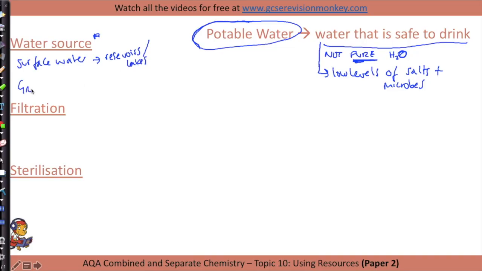And there is also groundwater, which is found in rocks underground. And it will depend where you are within the country or within a particular part of the world, depending on whether they are accessing surface water or groundwater.